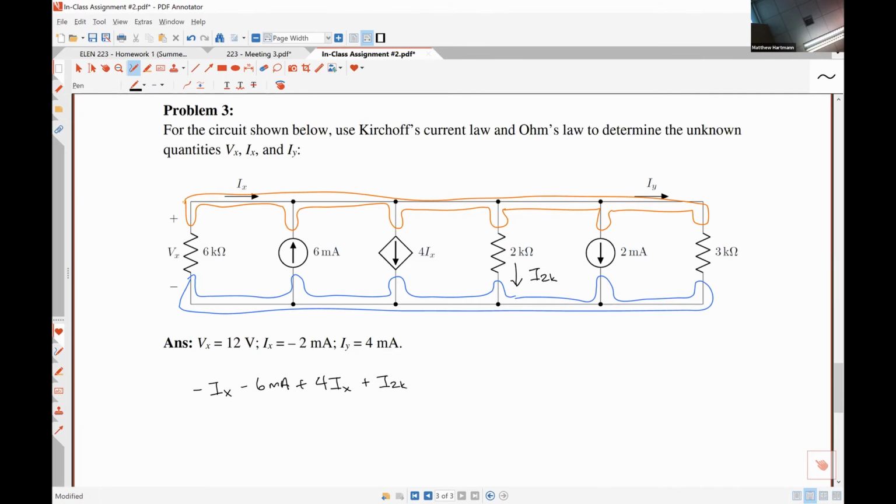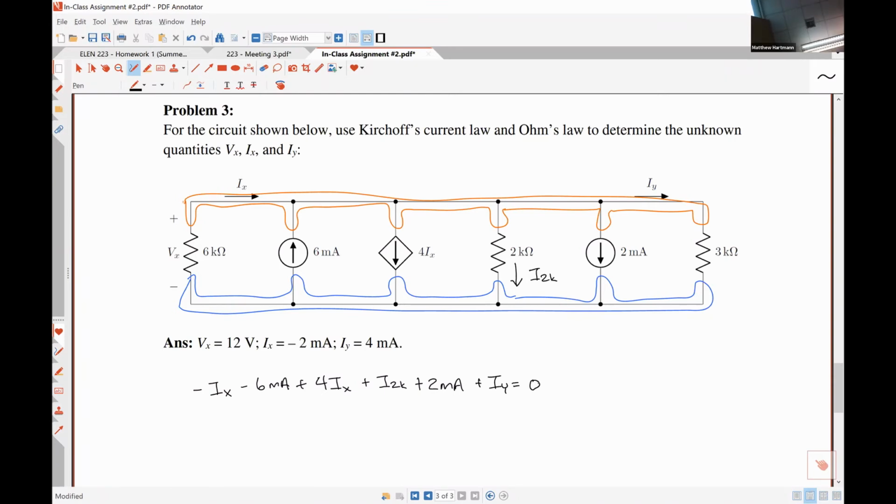Similarly, we have this 2 milliamps of current. It's flowing down, so it's exiting, so it'll be positive. And lastly, we have the current IY, which is going to flow down through the 3 kilo ohm resistor, so it is also exiting. So plus IY is equal to 0.